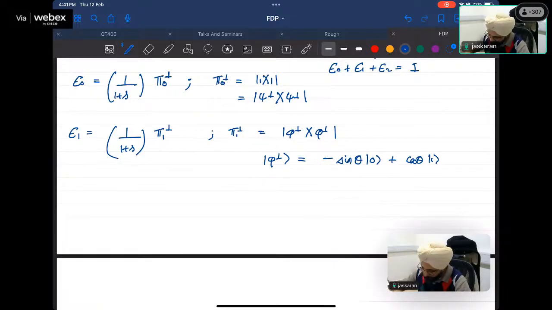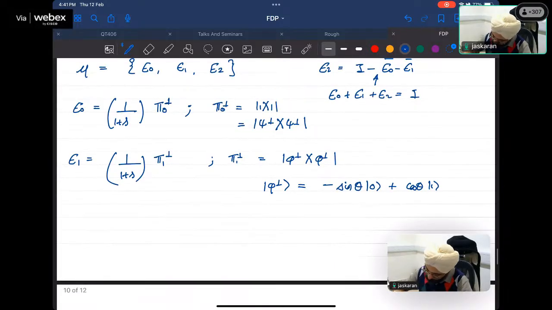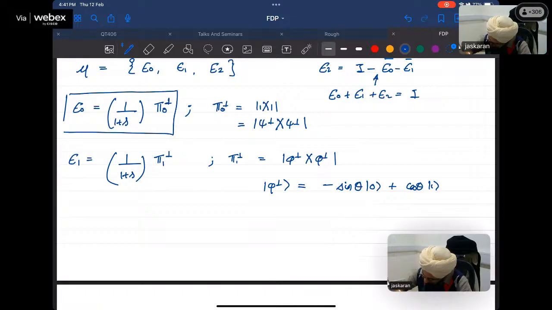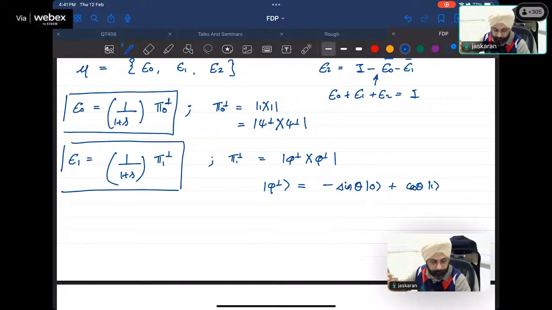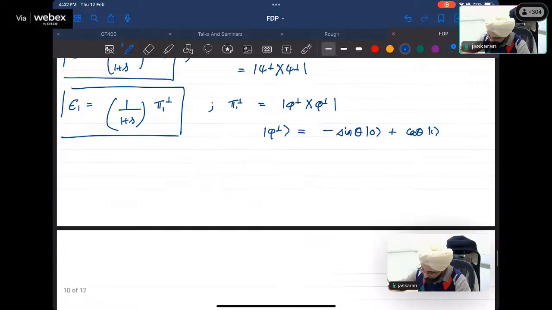Now I have chosen E0 and E1 in such a manner that E0 is directly proportional to the projector which is orthogonal to the state ket psi, and E1 is directly proportional to the projector which is perpendicular to the state ket phi.